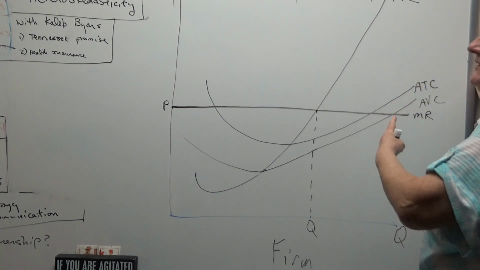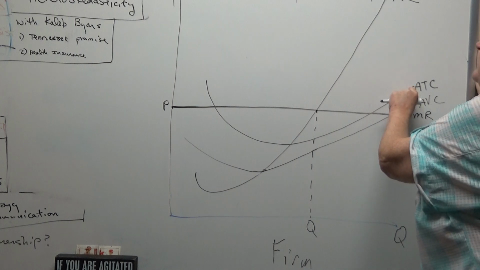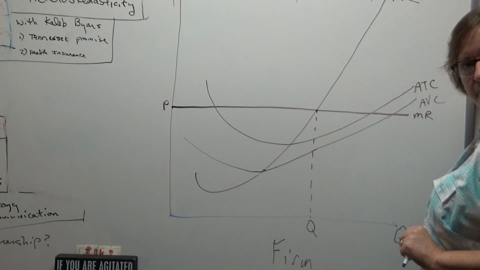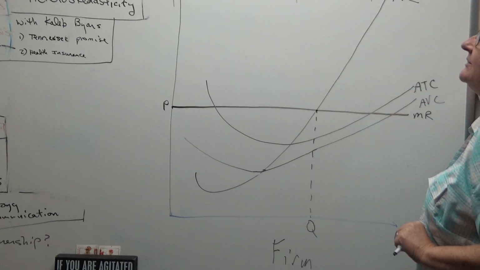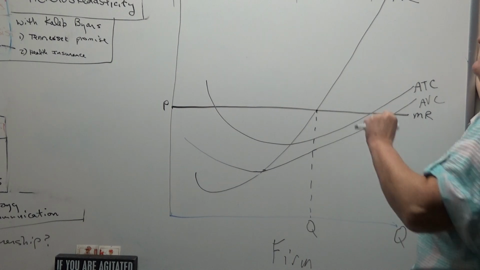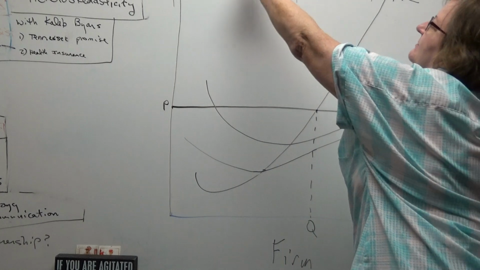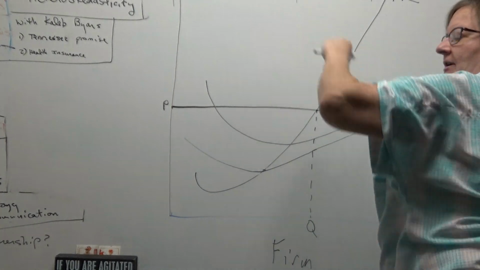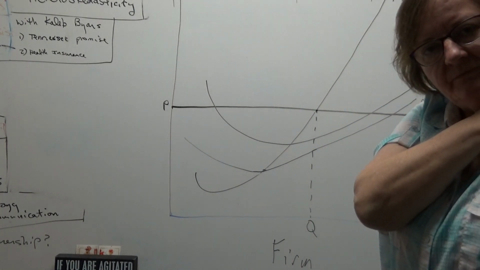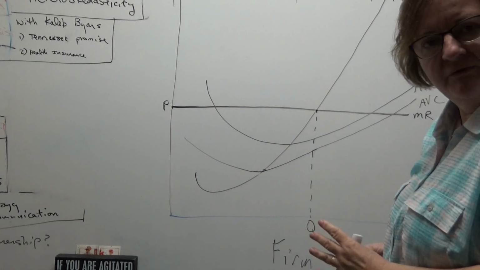Well, on these boards, we have the average costs. So since we have the average costs, we need to work it backwards: if we have an average cost, we multiply by the quantities to get the variable costs. So that's what we're doing here.